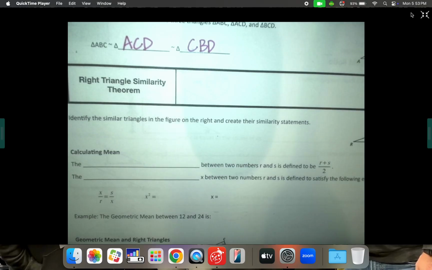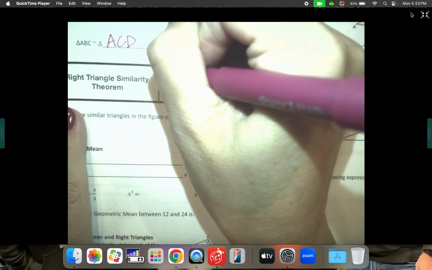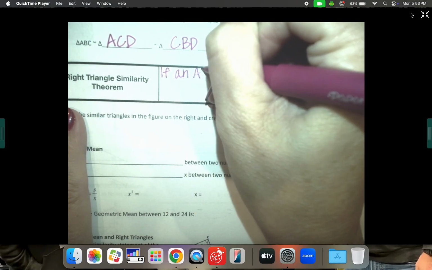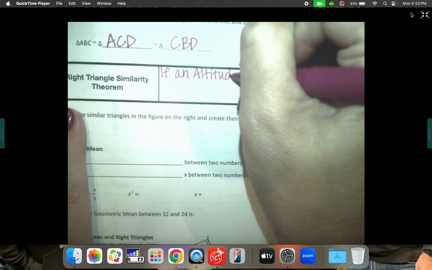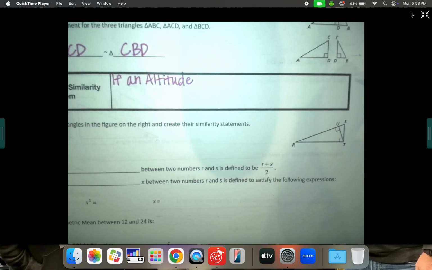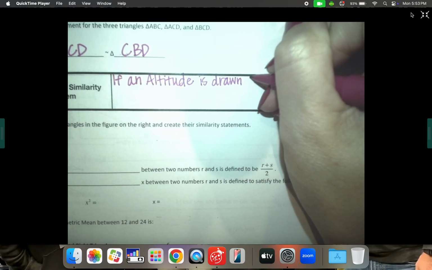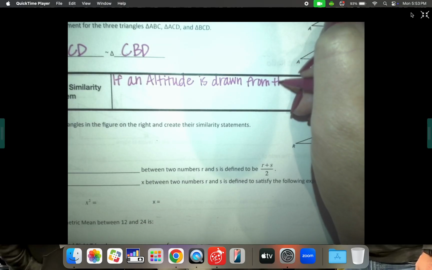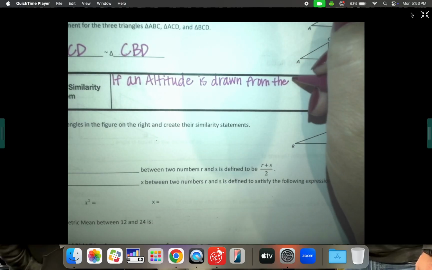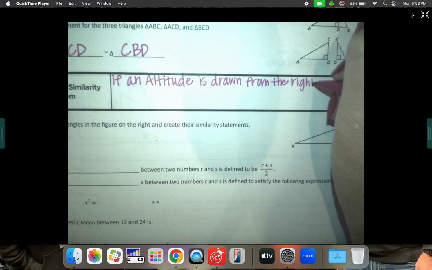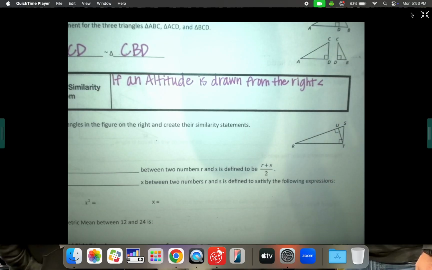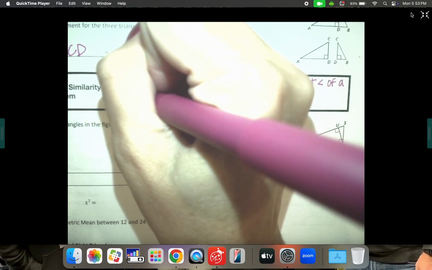And it says if an altitude, so go ahead and write this in. If an altitude, which I just talked to you about what an altitude is, if an altitude is drawn from the right angle of a right triangle to the hypotenuse.